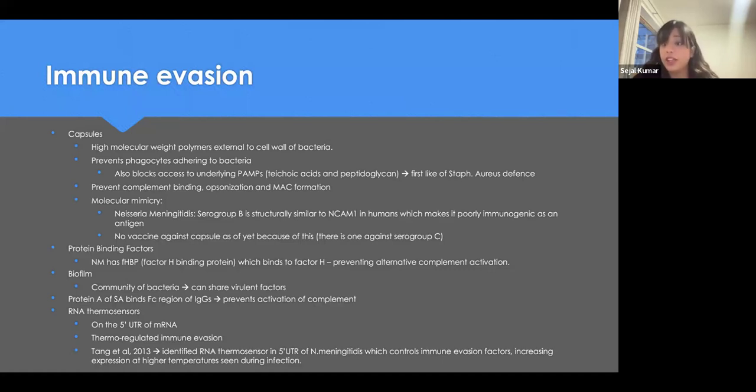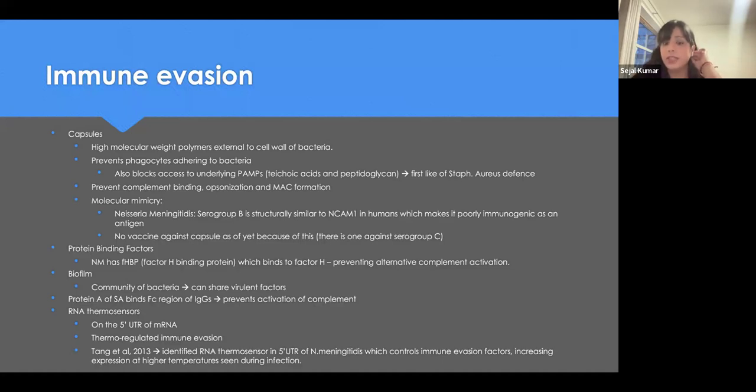And you also have RNA thermosensors, which I think are quite exciting. I've included a piece of experimental evidence by Tang et al. 2013. These are found on the 5' UTR region of mRNA, and they allow thermoregulated immune evasion.